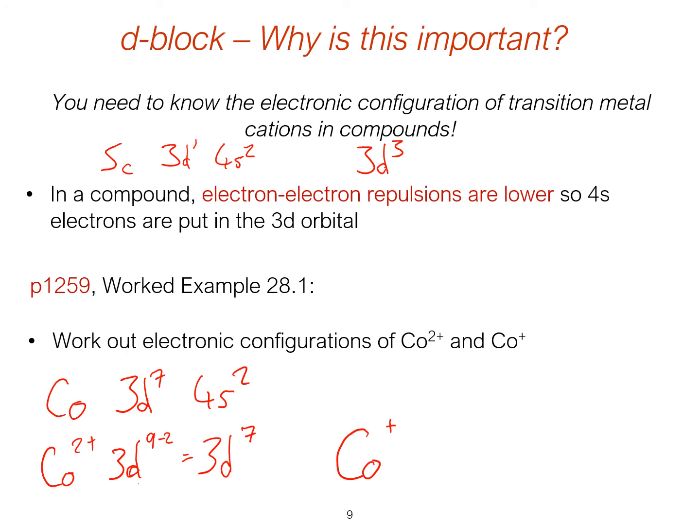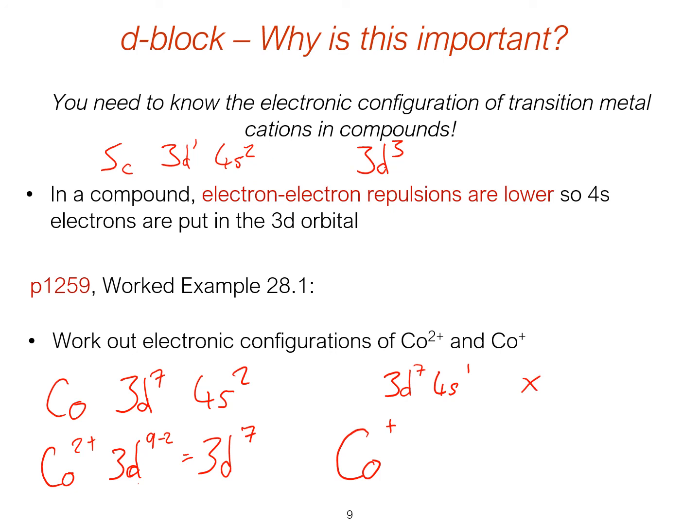So if we pretend we're not doing it properly, we could say that the electronic configuration will be 3d7 4s1, just by that old thinking of taking electrons from the 4s orbital first. However, this is completely wrong.